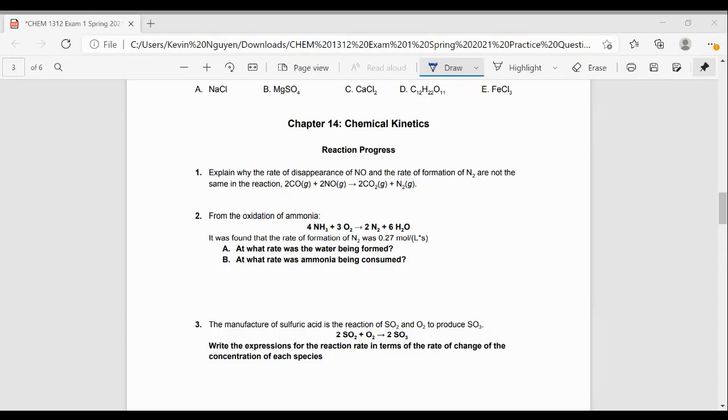So had it been 3, then it'd be like 3 times consumed at the rate that N2 is being produced. So imagine if N2 had a coefficient of 3, then NO would have a rate of 2/3. So it'd be 2/3 as fast.